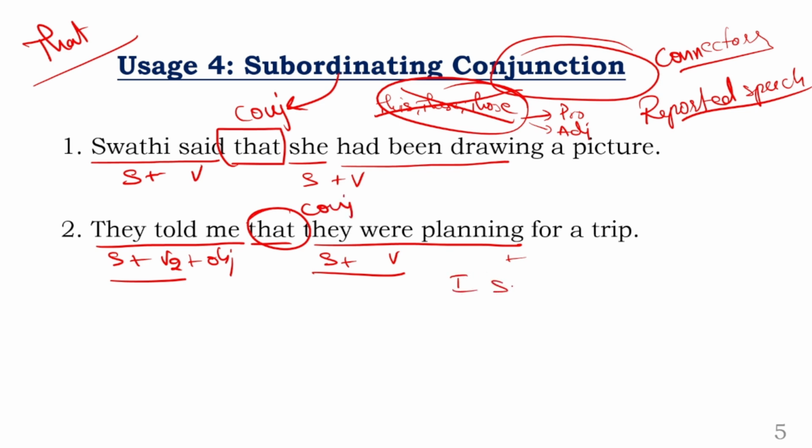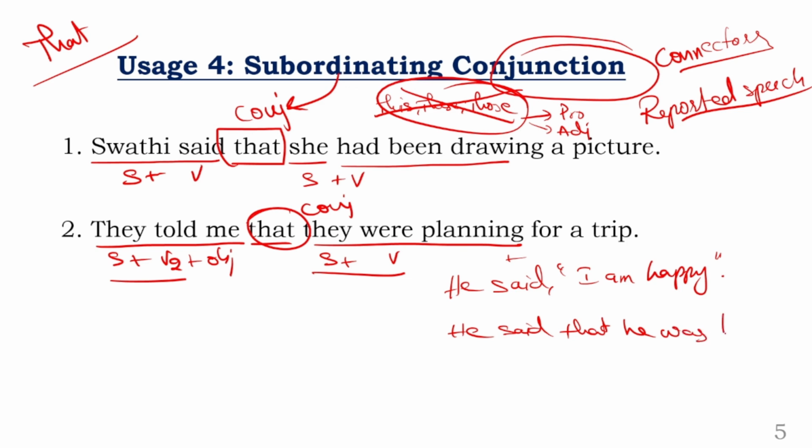Okay, for example, let us say, he said, I am happy. If we change this statement into indirect speech, what would you get? He said that he was happy.